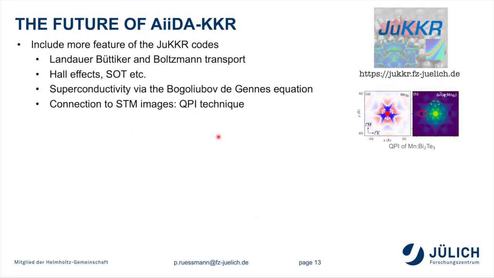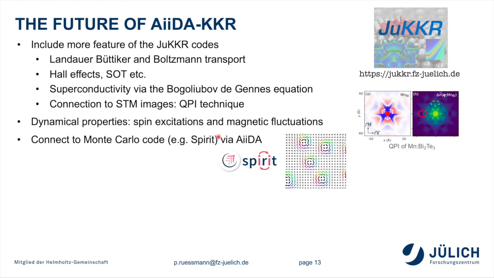So what's the future of the AiiDA-KKR plugin? Well, we will have several more features of the KKR code package, which are not included or not connected to AiiDA-KKR at the moment. In particular, we can also then do transport calculations, for example, Boltzmann transport calculations that take into account the effect of these impurities that I discussed earlier.